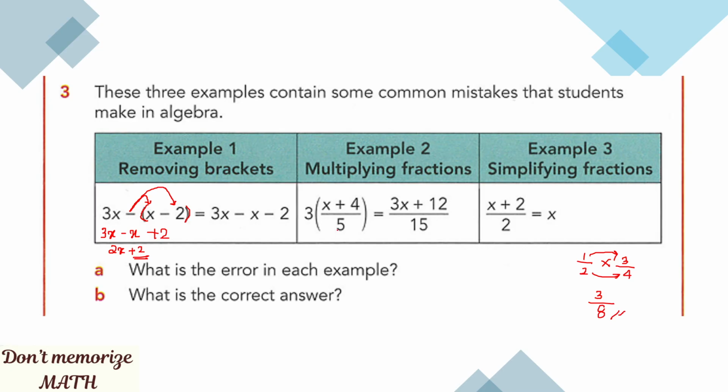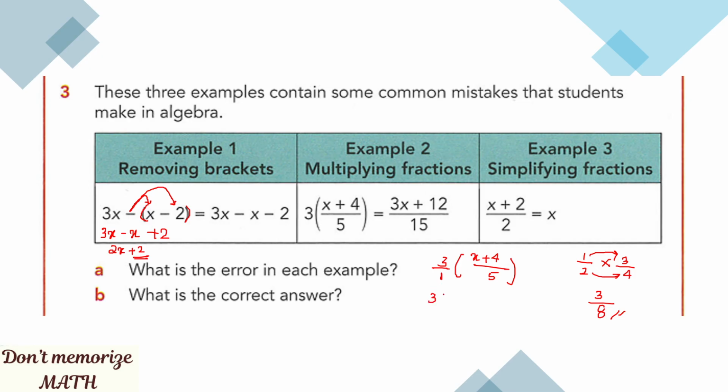In the same way, here we have 3 and in brackets x plus 4 over 5. Here also there is no plus or minus, that means we are multiplying these two. Multiplying by 3 is the same as 3 over 1. When you multiply, you multiply the numerators.